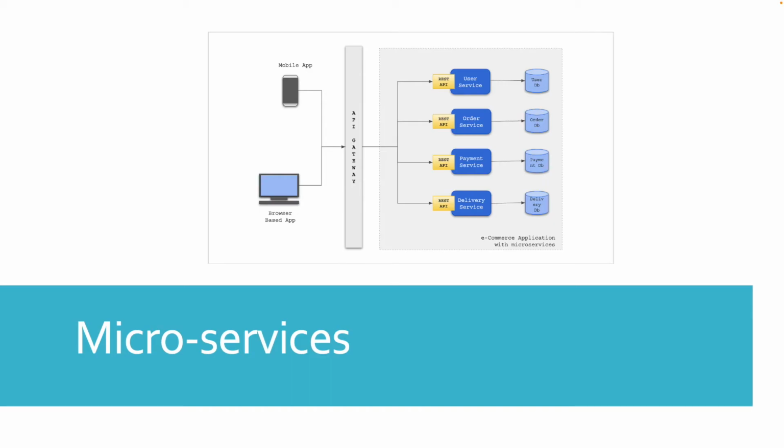Here we take microservices as the example. In microservices, each microservice handles one specific function. Like in this diagram, the user service handles all the user related functions and provides a REST API to the outside, same as the order service.